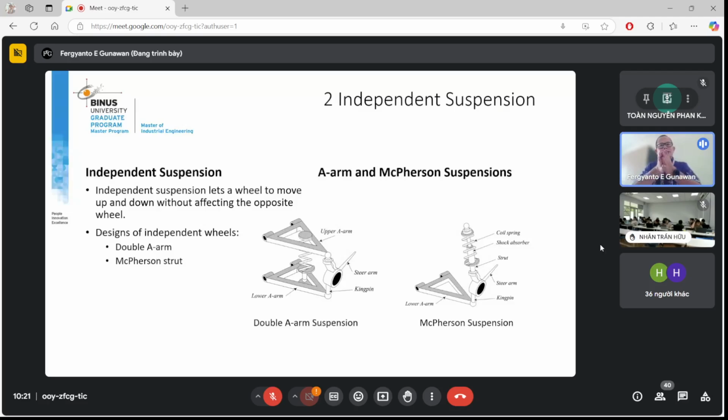So now let's discuss a simple design so that the left and the right are not connected. And if they are not connected, then we allow an independent movement between left and right suspensions. And two designs that allow that movement are called the A-arm and McPherson suspensions. And they are shown down here.